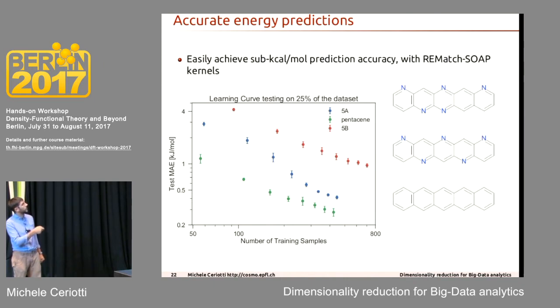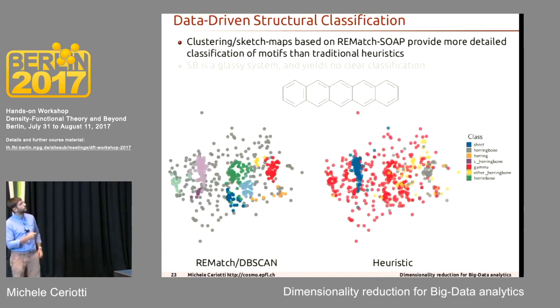In all cases, we can easily get errors below a kilocalorie per mole. So this is really useful also if you want to do crystal structure prediction. You can use this kind of technique to predict energies at the DFT level without having to run a DFT calculation. But what is also very interesting, again, is the kind of insight that you can extract.